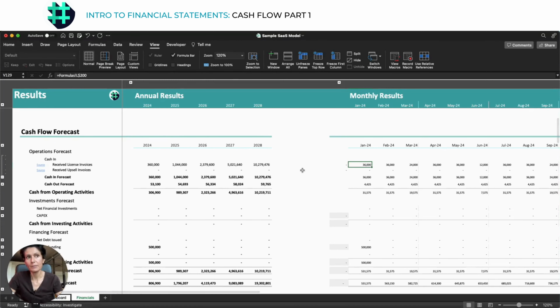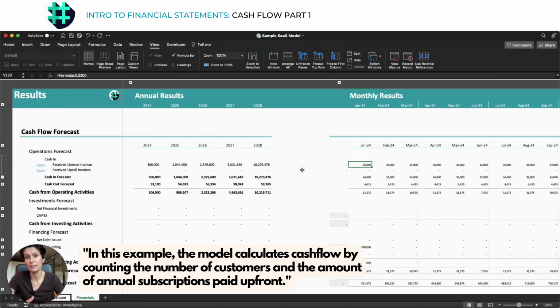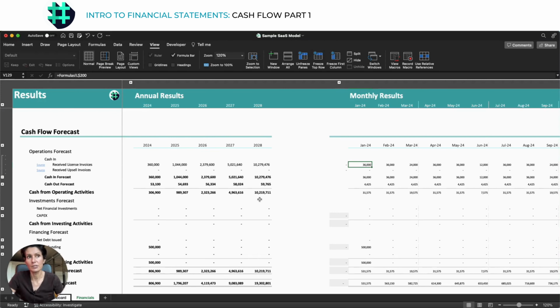So those 3 customers have paid you upfront the $12,000 for the annual subscription, annual license. And so your cash flow is going to show that you have collected in the bank $36,000. And the same is true depending on how many new customers you have onboarding in February and March and so on. And so each of those new customers is going to pay you that annual subscription upfront.